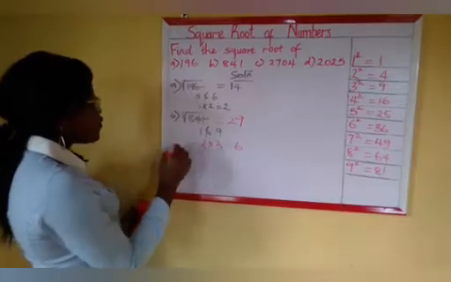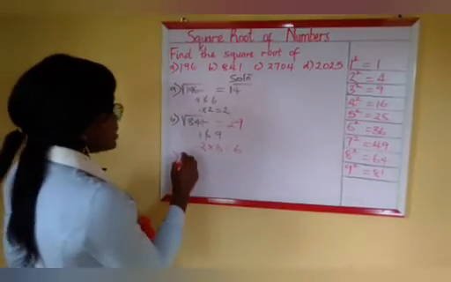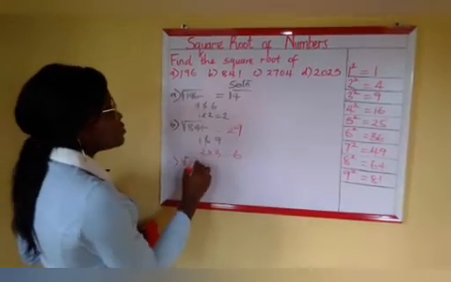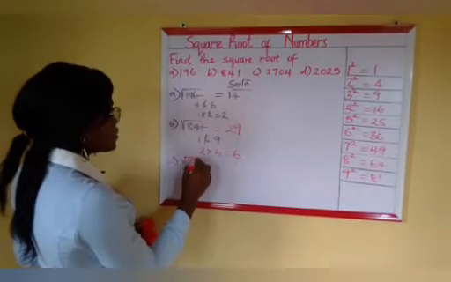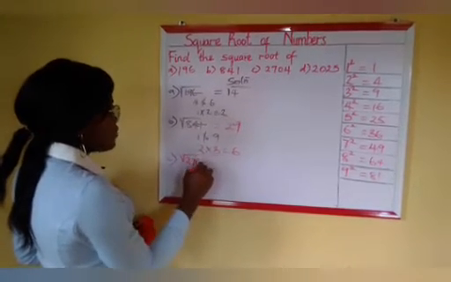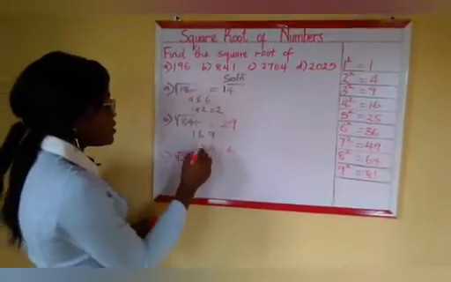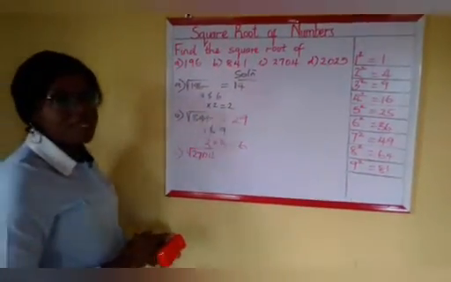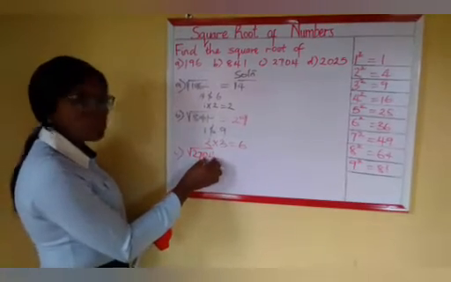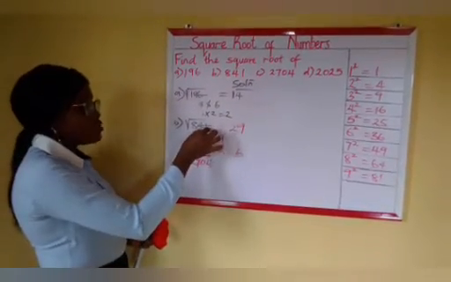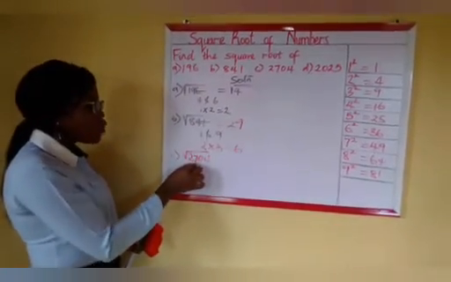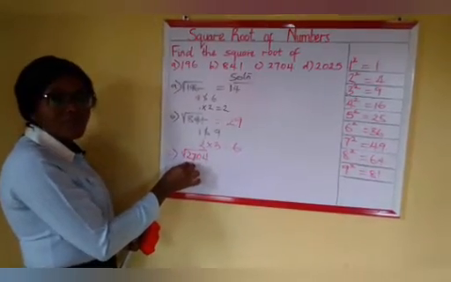Okay, let's go over to example C. That is the square root of 2,704. Now we are working with 4-digit numbers. At this point, you are going to ignore these two, the same way you ignored 2 numbers before, and then you work with these 2.